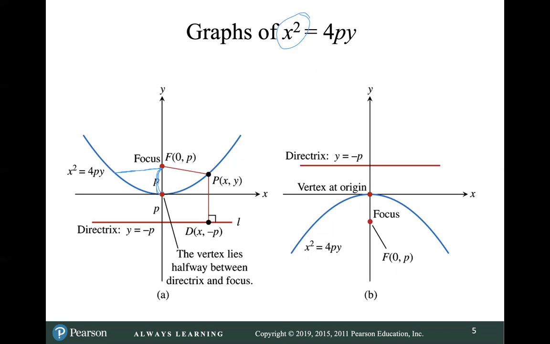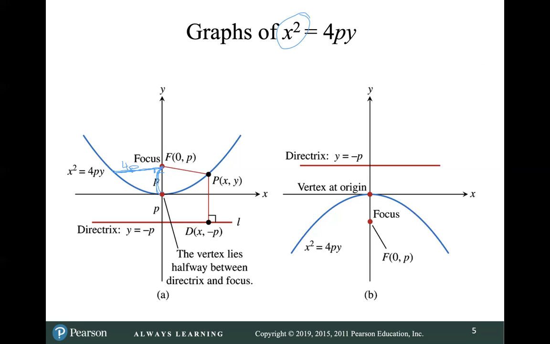Since p is positive, it will just be 4p. And that means from the focus all the way across to the parabola, perpendicular to the line between the focus and the vertex. The vertex, I already mentioned, lies halfway between the directrix, which is a line, and the focus, which is a point.